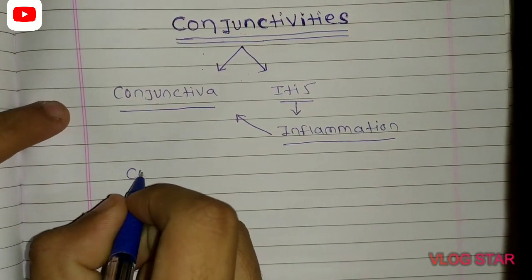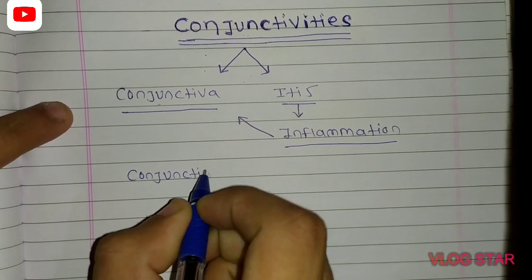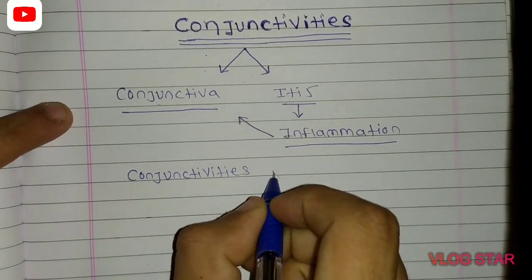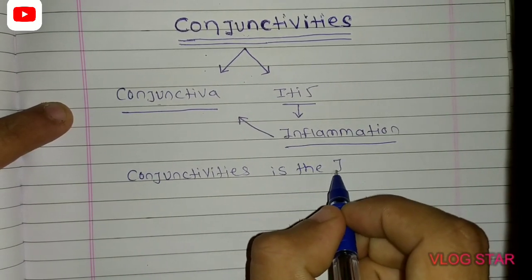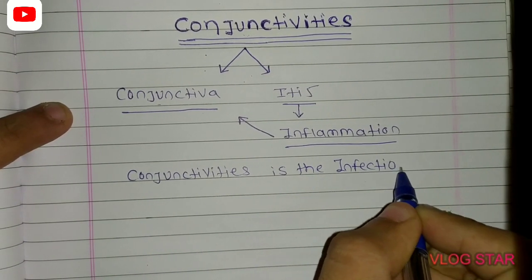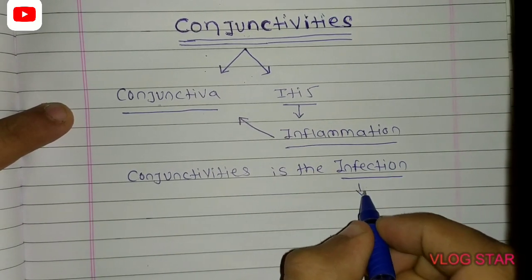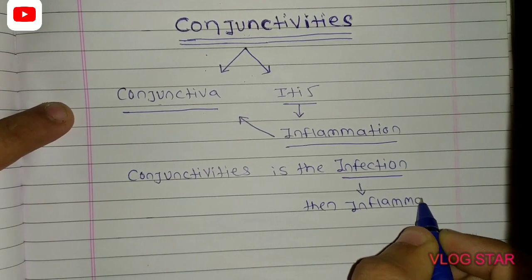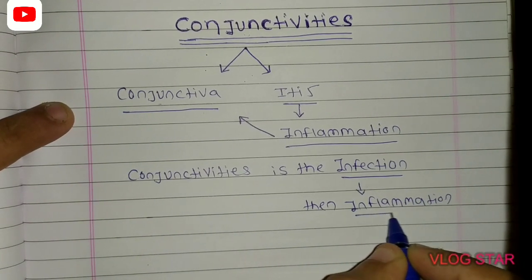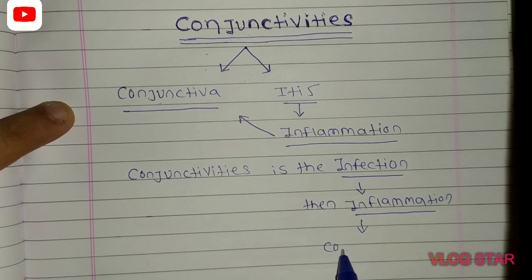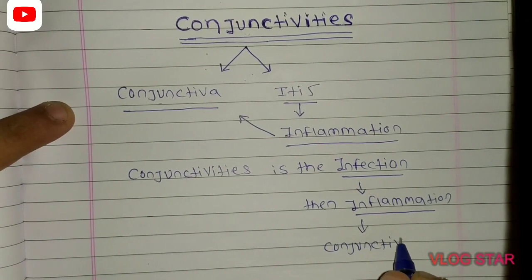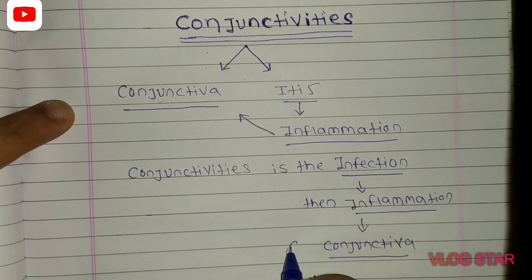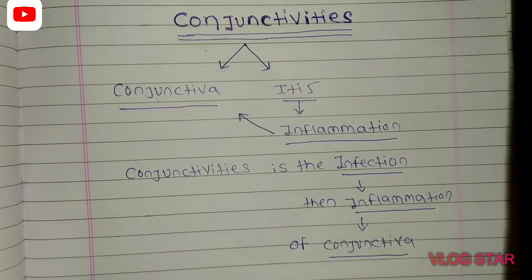So conjunctivitis is the infection and inflammation of the conjunctiva or conjunctival sac.